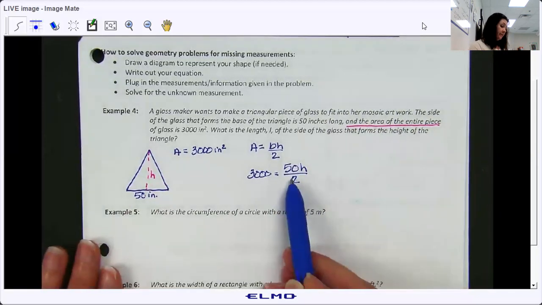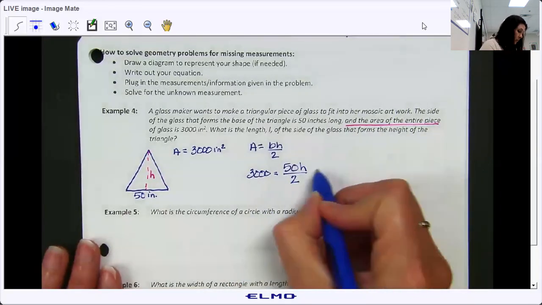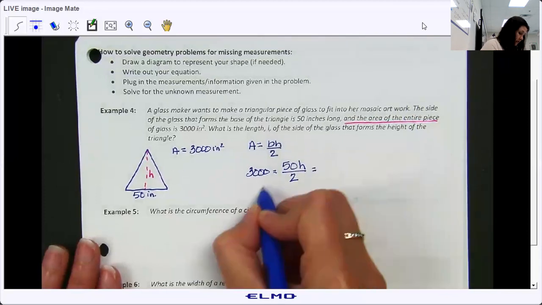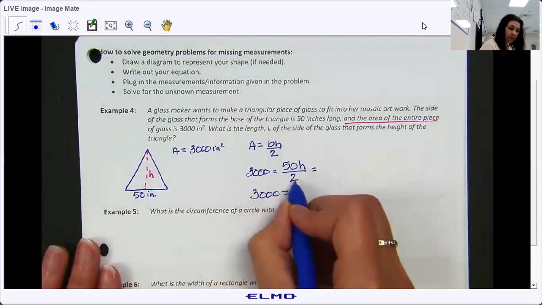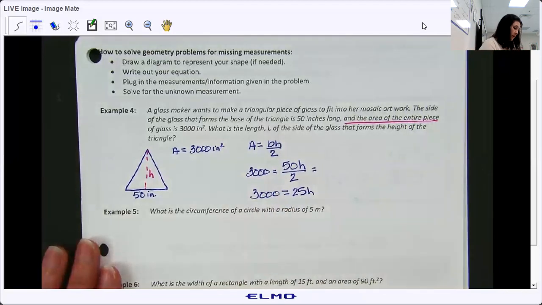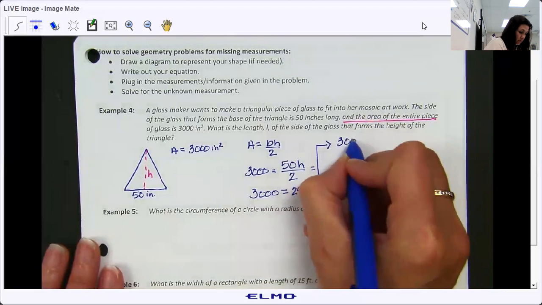In this case, I'm going to divide 50 by 2, and I'll write that down here: 3,000 equals 50 divided by 2 is 25, 25H. Then I'm going to bring this up here because I ran out of room.